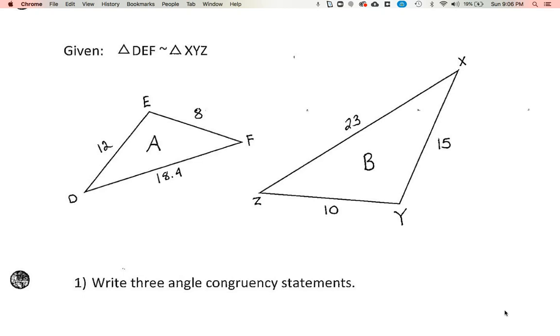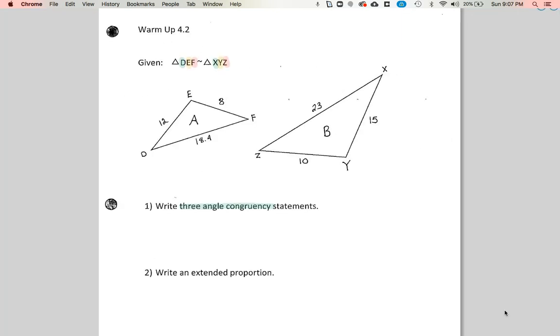So number one, write three angle congruency statements. So we already started that out. D goes with X, E goes with Y, F goes with Z. Notice I did not even look at the two triangles.